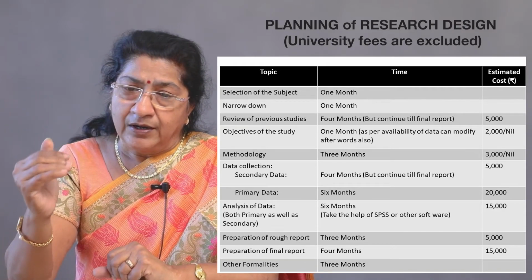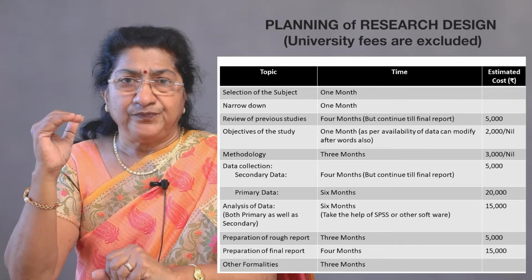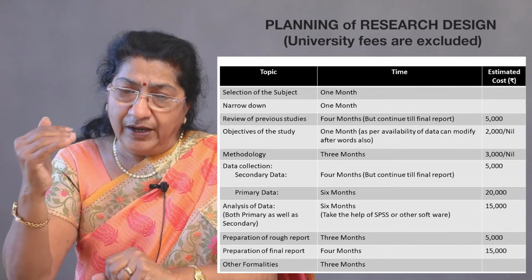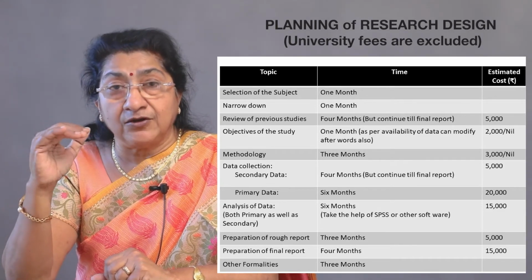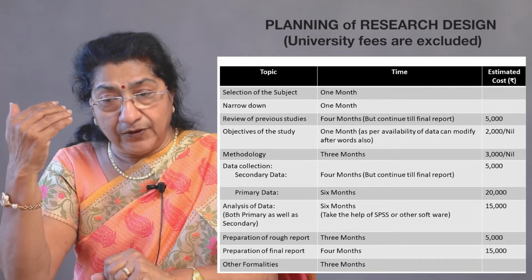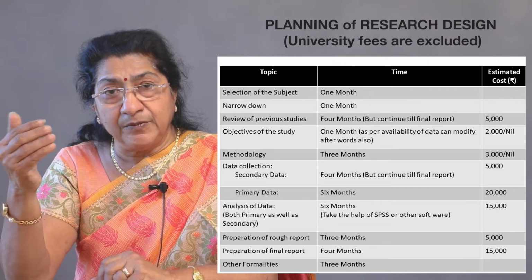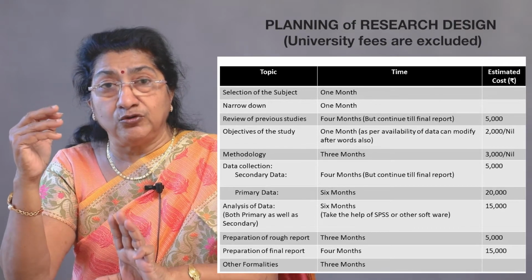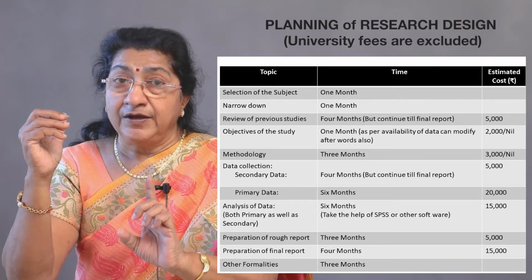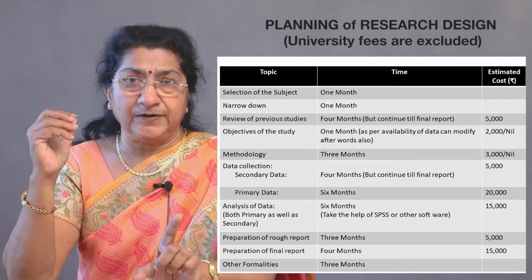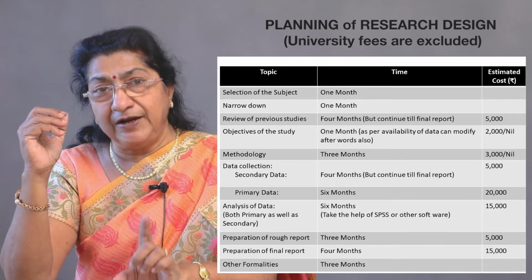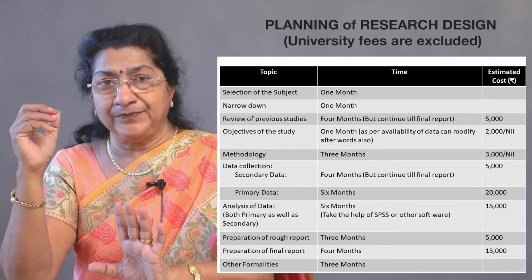Now, afterwards, you have to decide your methodology. For methodology, you have to spare a minimum of 3 months. Why? If your method is proper, then you can complete your task nicely.